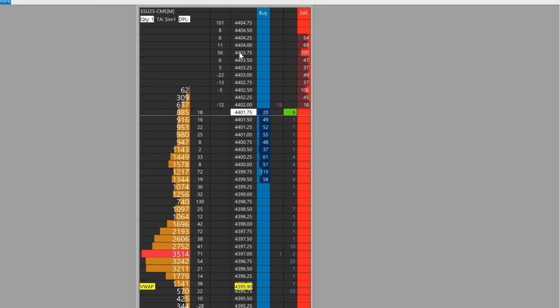Same thing here, we can see there are 2 lines here and here where there are slightly more orders. So with this representation of the thickness of the squares, we can see right away where there are more sellers and buyers. So we'll move on to the other elements of the order book.